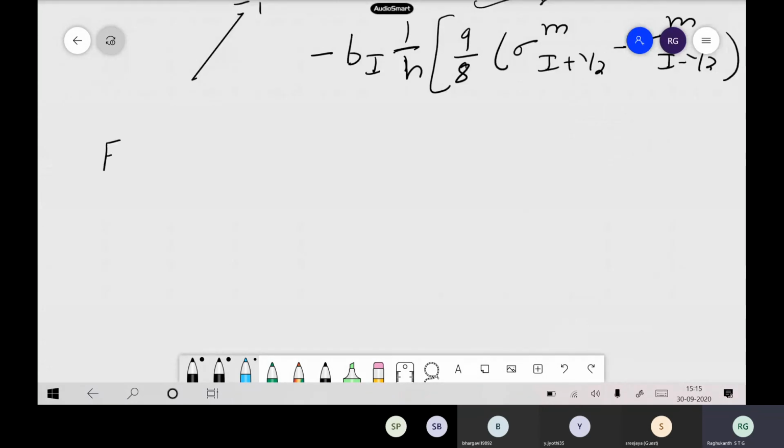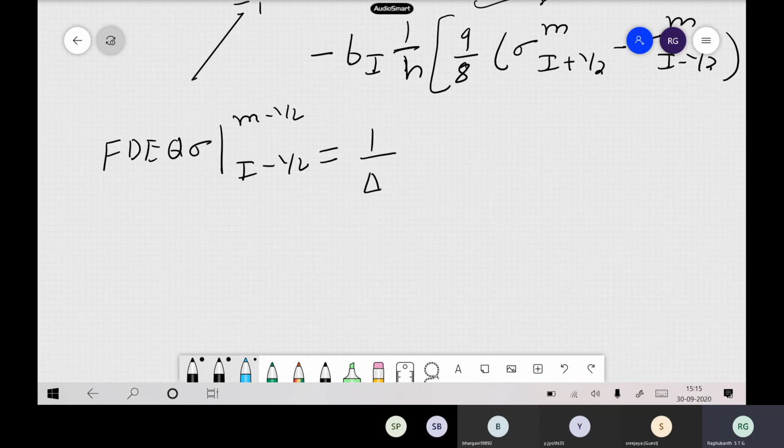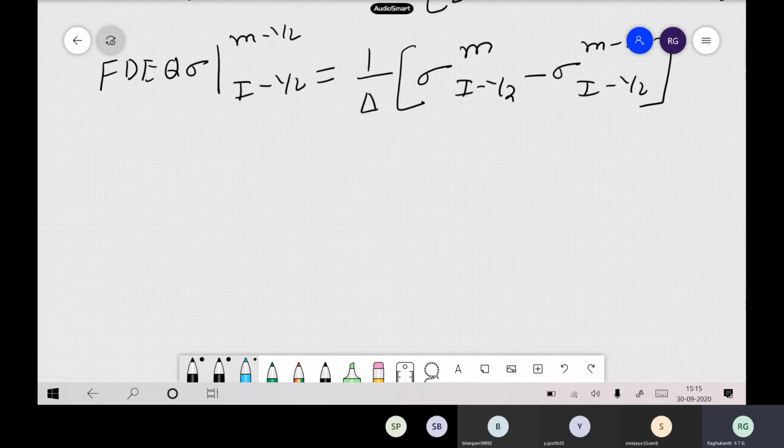If you write the second equation also, for completeness, for sigma also, m minus 1 by 2, I minus 1 by 2. The first term remains the same because we are not touching the temporal derivative. So we have sigma m I minus half minus sigma m minus 1 I minus half. These are temporal derivatives, so we are not touching them at all. Only the spatial derivative we are touching.